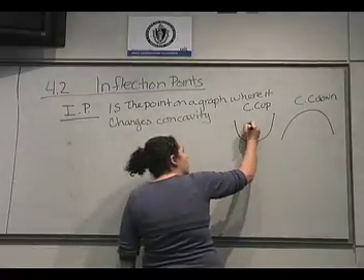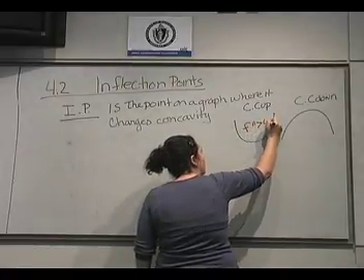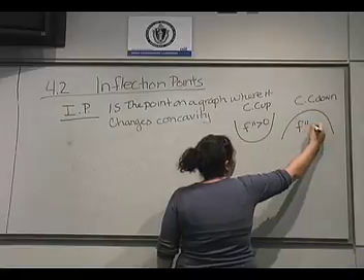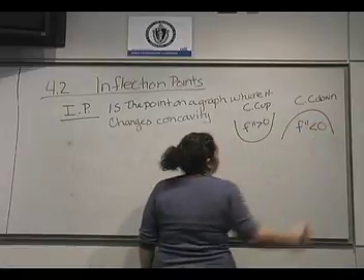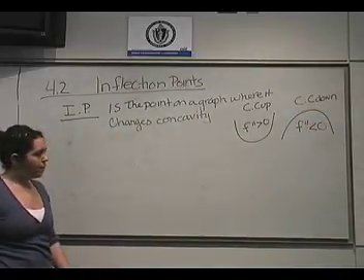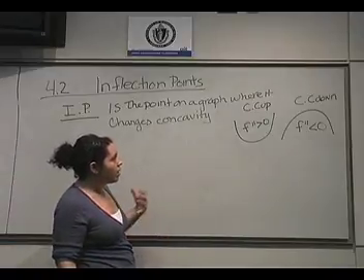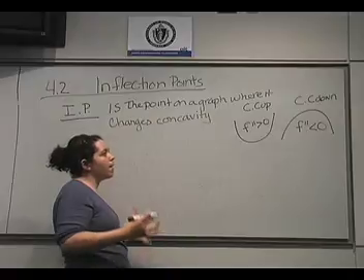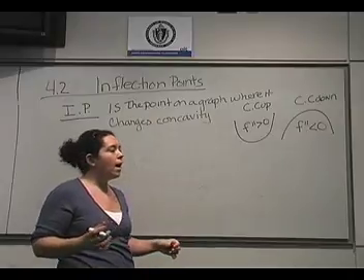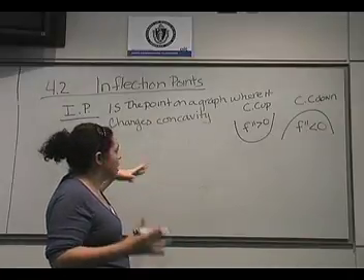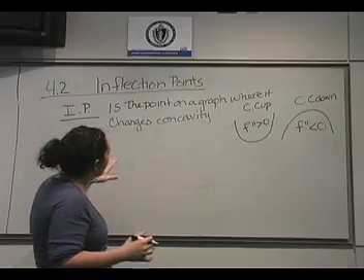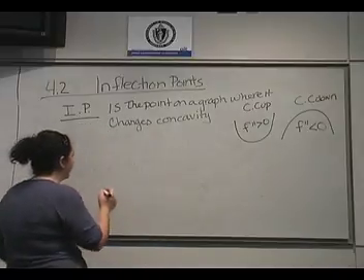So when it was concave up, the second derivative was positive, and when it's concave down, that second derivative was negative. When we talked about second derivatives, it could be concave up, concave down, or neither. An inflection point is sort of a special neither. So the inflection point is where it changes concavity.